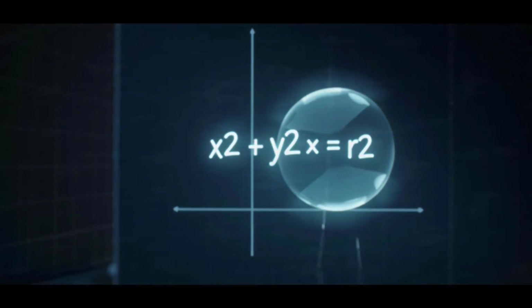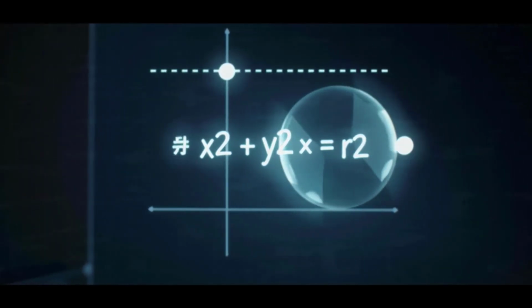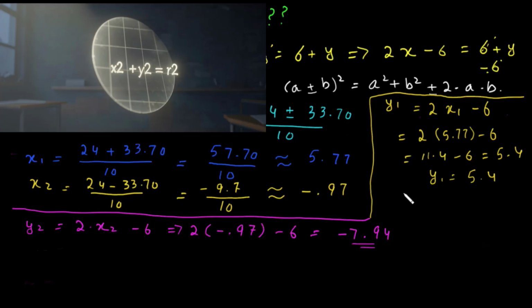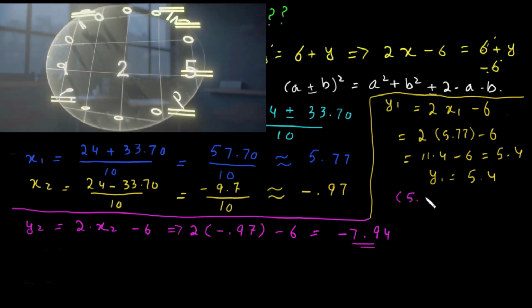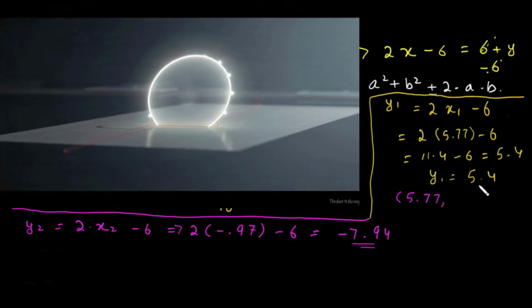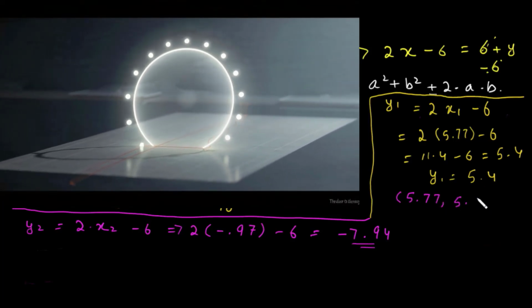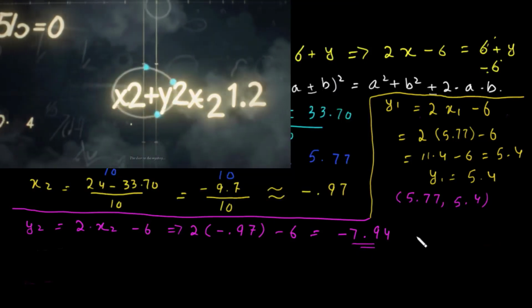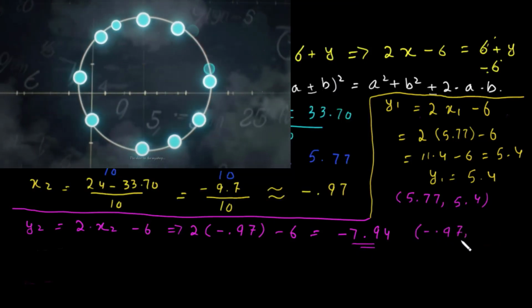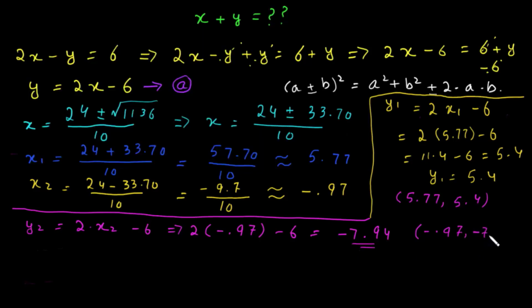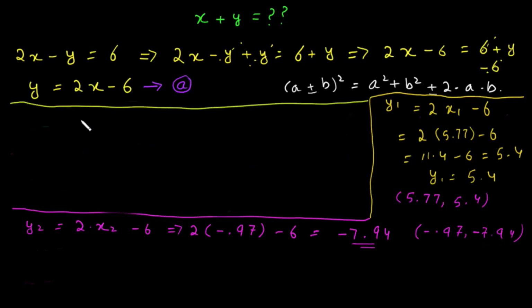Now for the treasure, the sum of each pair. One pair, let me write it as x sub 1 has a value of 5.77 and y has a respective value of 5.4, and for this pair x has a value of minus 0.97 and y has a value of minus 7.94. So the sum of each pair will be x sub 1 plus y sub 1.